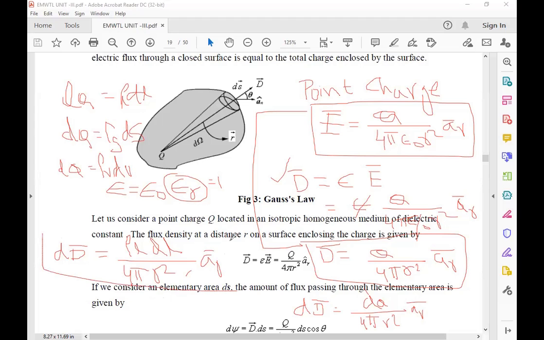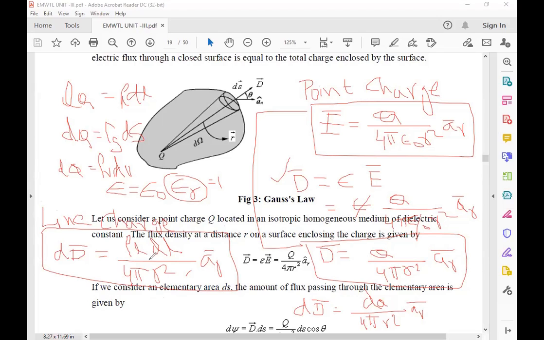This is the differential electric flux density for the line charge. We already saw that for a point charge, d bar is equal to q by 4 pi r square into AR bar, and for the line charge we only replace dq with rho l into dl.